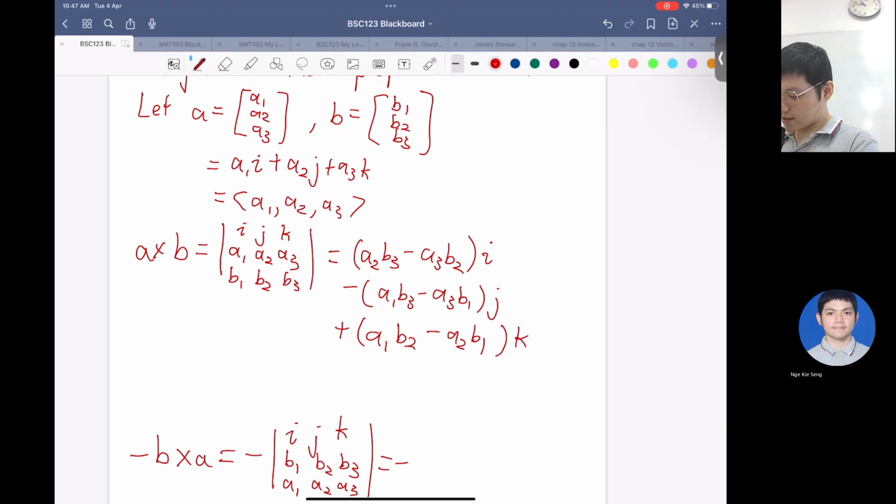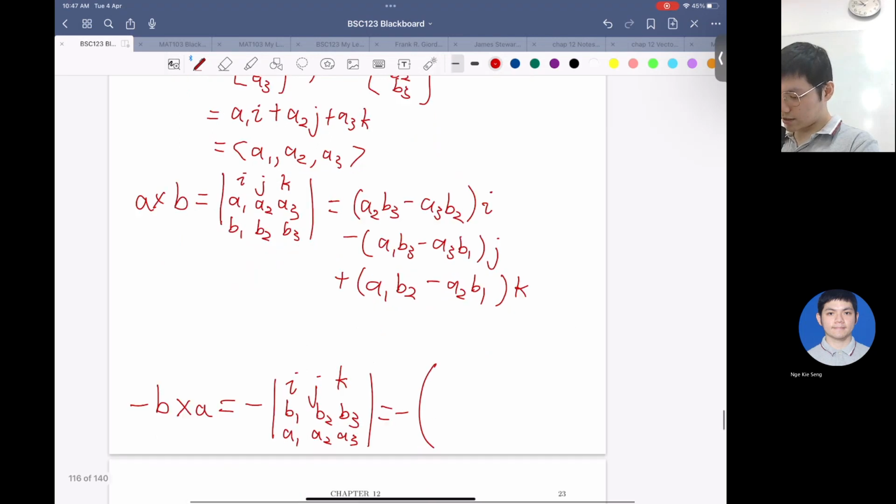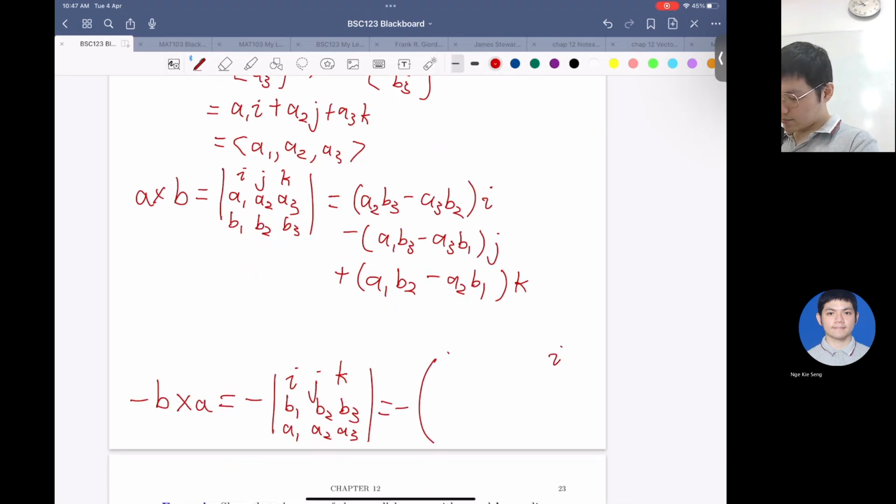So we put a big minus sign in front first, and then we compute I, J, K. So I is B2 A3 minus B3 A2, minus J times (B1 A3 minus B3 A1), and then plus K times (B1 A2 minus B2 A1).